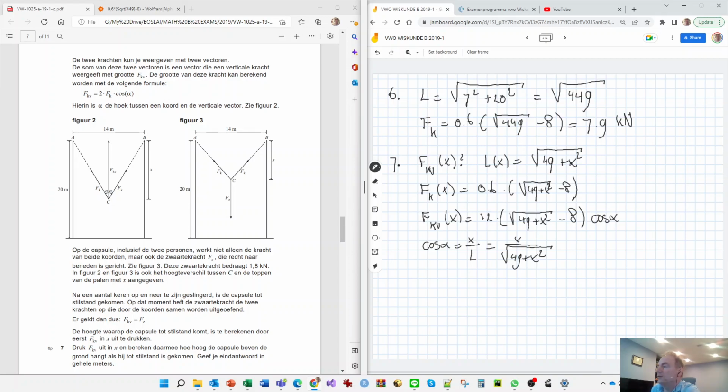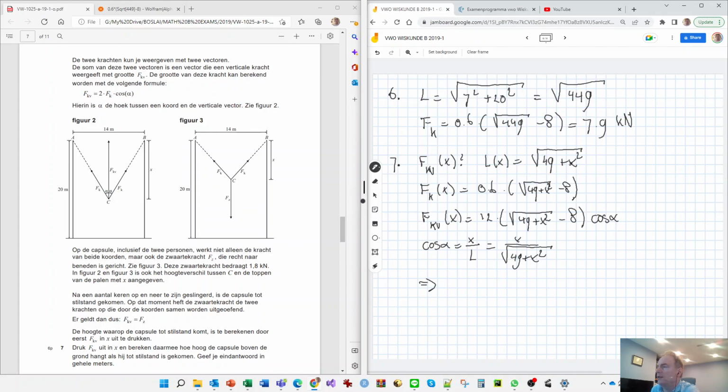So I get the equation, let me still just call this L, to keep it a little bit more simple.